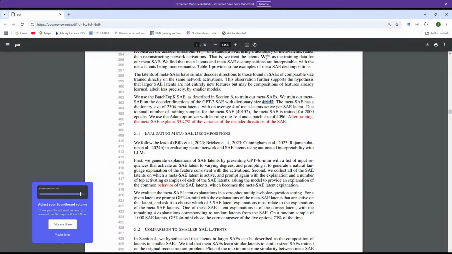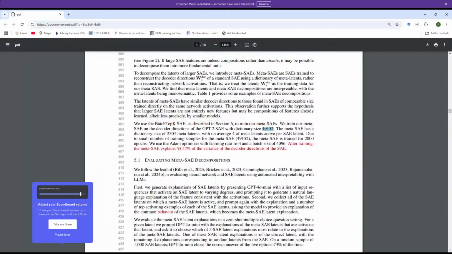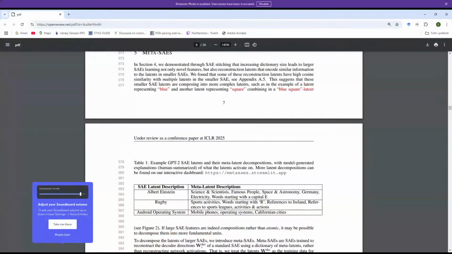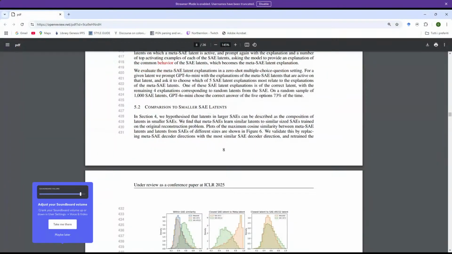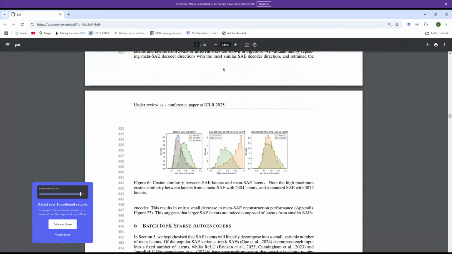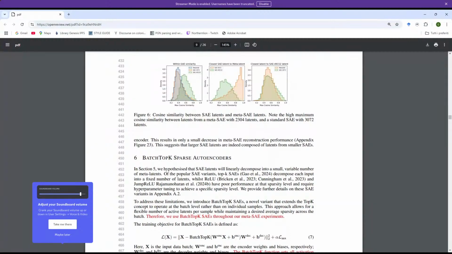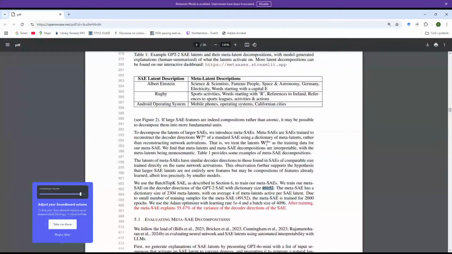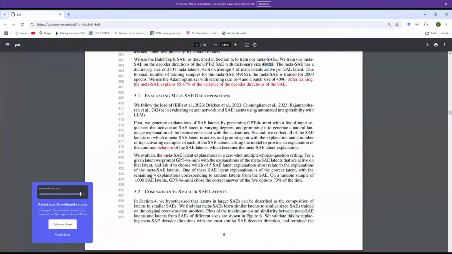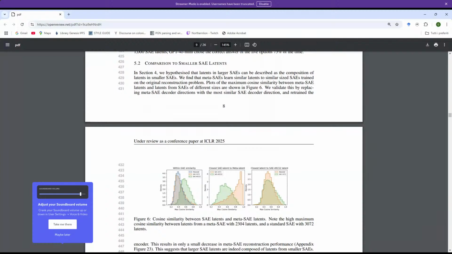Is this for a single layer? Do they just stick to one layer? No. If I understood correctly, they just picked one layer. I forget where it says, but they just picked one layer and one size and trained the meta SAE here. They didn't investigate what type of meta SAE you'd get with a different dictionary size or a different layer.